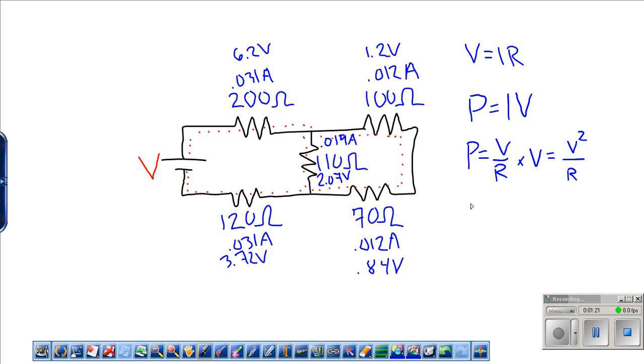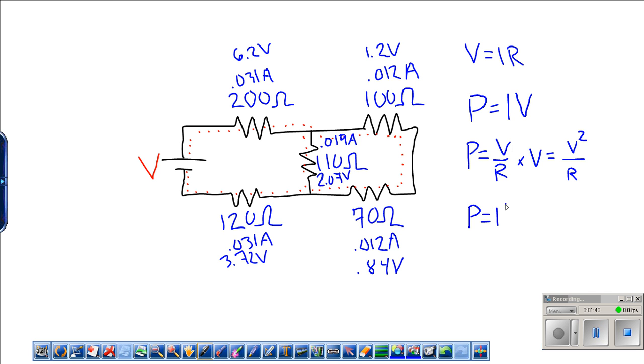Lastly, maybe we don't have voltage, so we can solve with just current and resistance. So we'll say that power now equals current times voltage, but wait a minute, we don't have voltage. But we look up at Ohm's law and we see that voltage equals current times resistance.